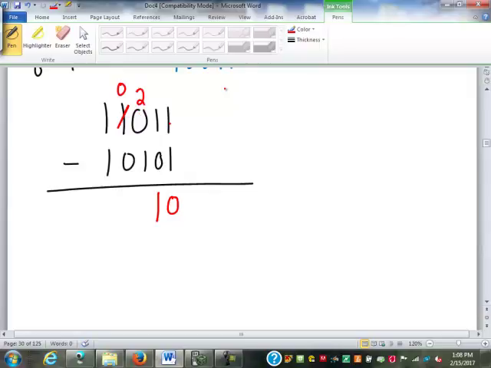Each place value goes up by 2. It's base 2, so like in base 10 you're borrowing 10, in base 2 you're borrowing 2. 2 minus 1 is 1. 0 minus 0 is 0. 1 minus 1 is 0. So this is just 1, 1, 0, which is 6.